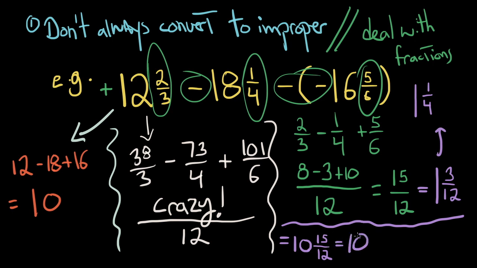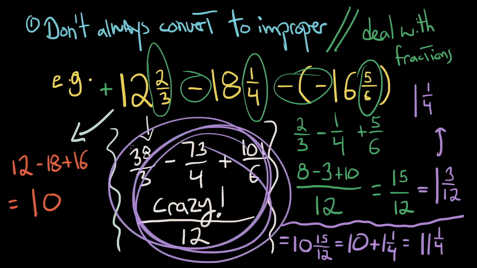So that's really saying this, 10 plus 1 and 1/4. And that will give me my final answer of 11 and 1/4. Notice the numbers I've been dealing with are fairly small, fairly manageable. It's not crazy. So there's another top tip when dealing with rational fractions and subtracting and adding.